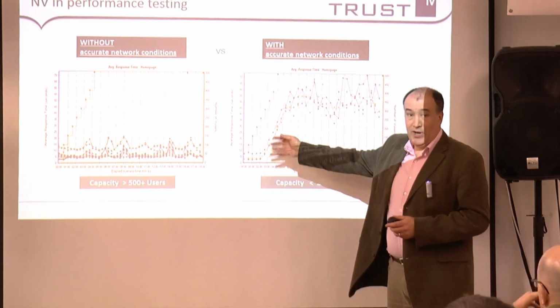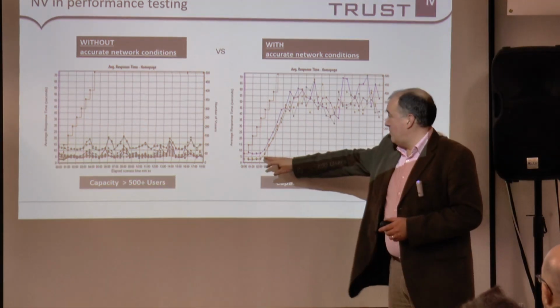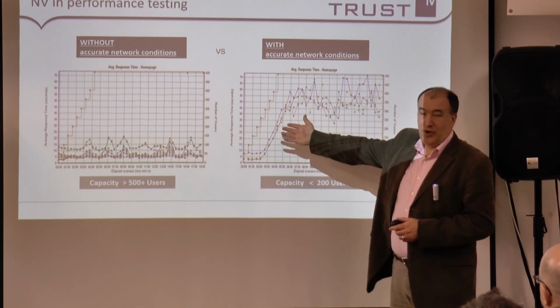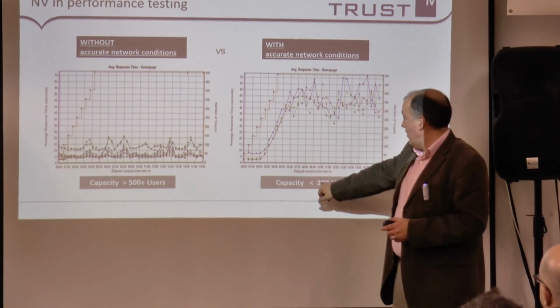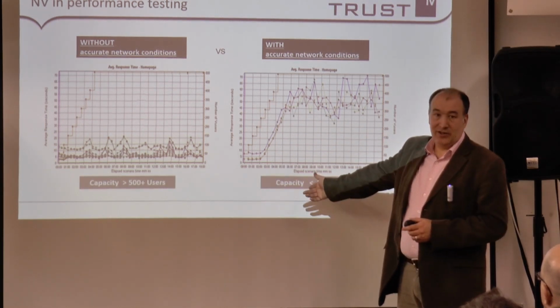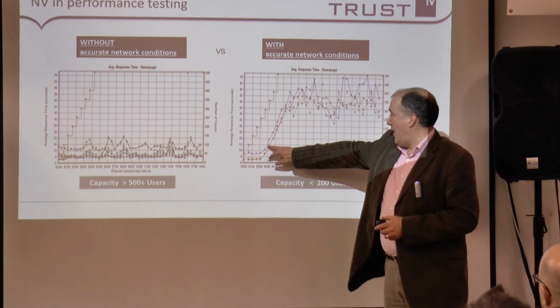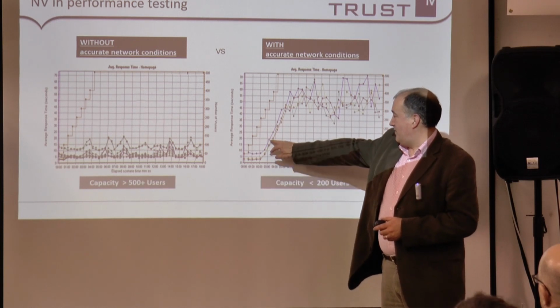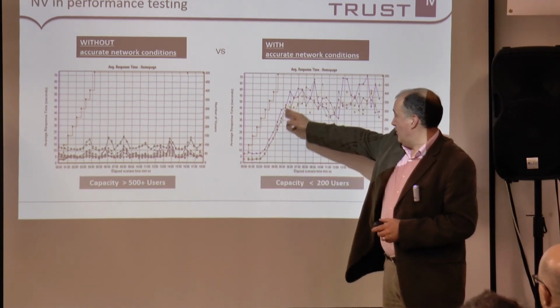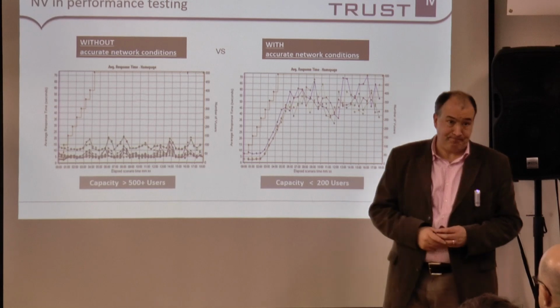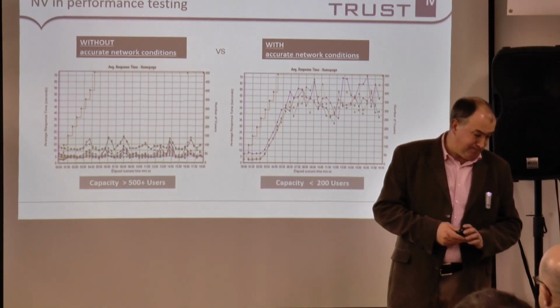So throttling them on an individual basis, you can see that the response times get pretty much unusable very quickly. And although the headline says the capacity is less than a couple of hundred users, I think in reality most of us will be losing our patience at about 10, 15, 20 seconds probably, rather than further up the chart.